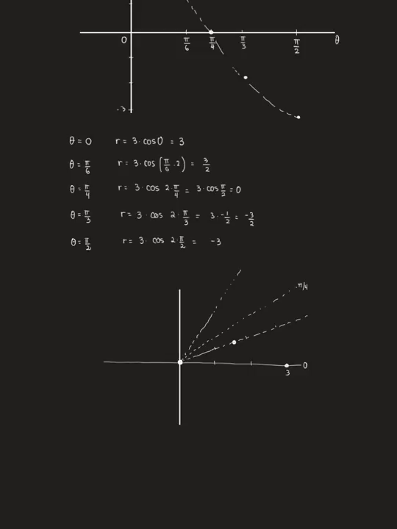When theta is pi over 3, that's over here, we're at -3/2, so we got extended in this direction. Remember, when r is negative, we go the opposite direction. And if this is 1 and that's 2, then we've got something over here at -1.5. And then when theta is pi over 2, we have a -3. So -1, -2, -3. Pi over 2 is here. I'm going to go in the opposite direction to get to -3.